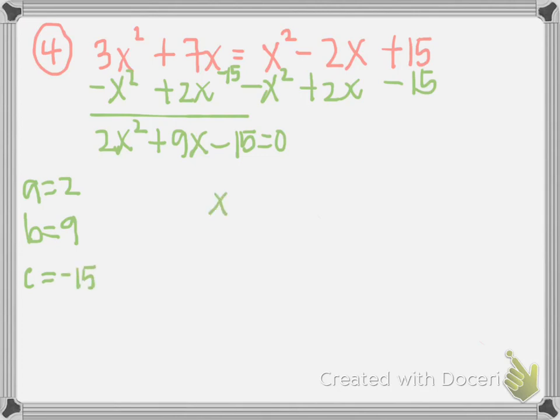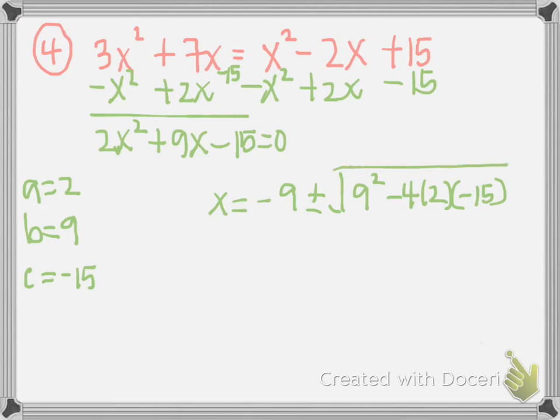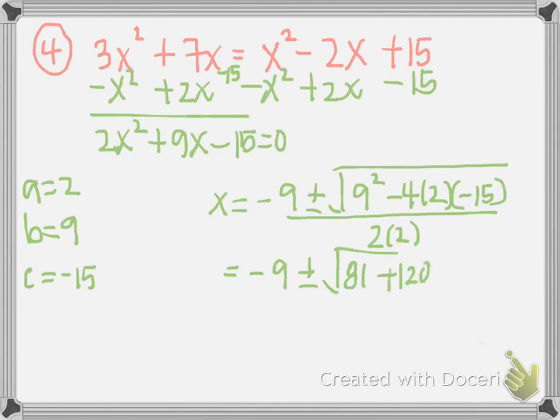So we'll have a negative B, so a negative 9, plus or minus the square root of 9 squared minus 4 times A times C, all over 2 times A. So we'll have a negative 9 plus or minus the square root of 81 minus 4 times 2 times a negative 15, so that's going to be a positive 120, all over 4.